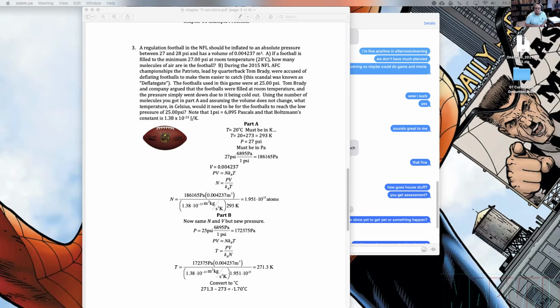If it's filled with 27 psi at room temperature, which is 20 degrees Celsius, I always give that value, though I should have added a sig fig. Except when you're doing gases, do not work in Celsius. The SI unit for gas is not Celsius, it's Kelvin. If I do anything with gases, you must convert your Celsius to Kelvin. I'll add 273 to get 293 Kelvin.